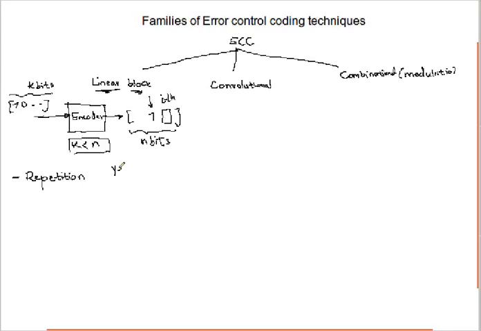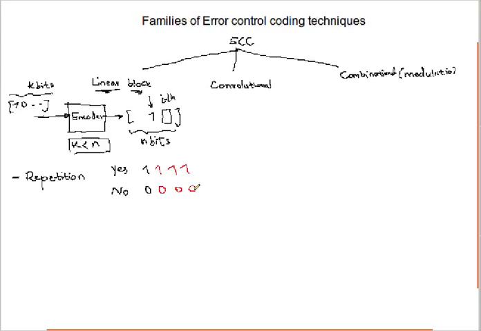Imagine you want to send the symbol yes or no. You can code it by 1 and 0. Now I want to add some extra bits to control this symbol. The idea of repetition is to repeat your data exactly the same: you can repeat the bit 1 three times, and repeat 0 three times.